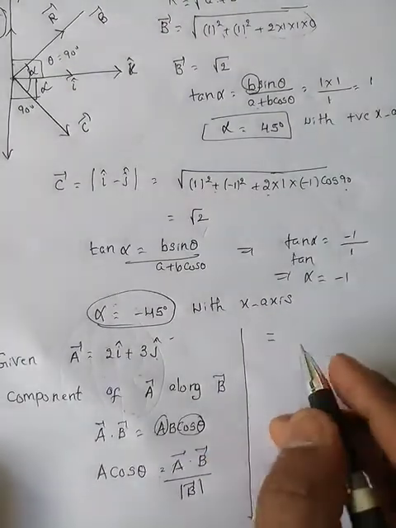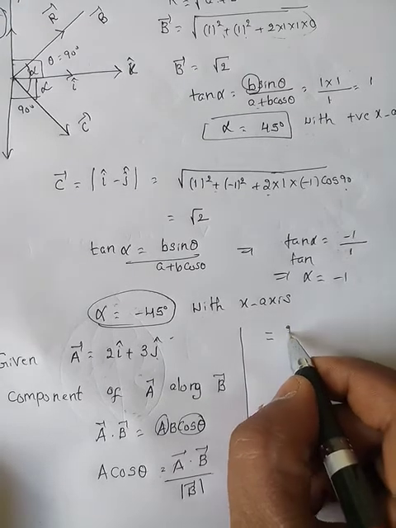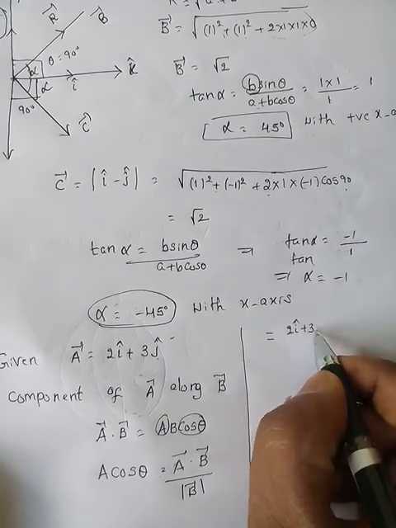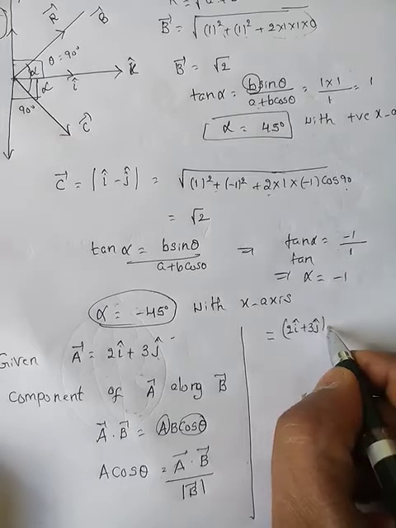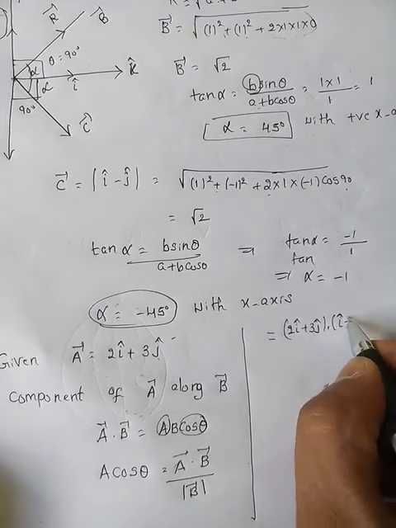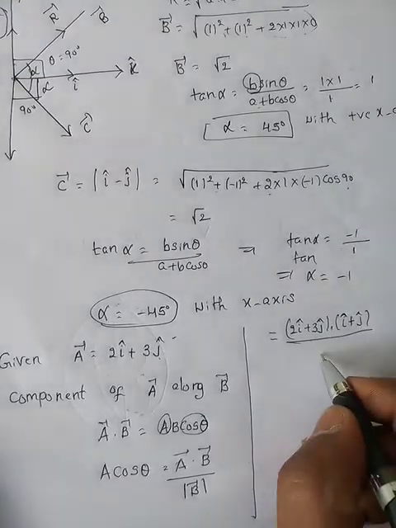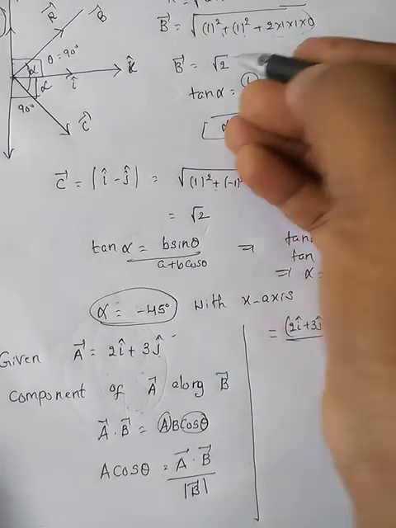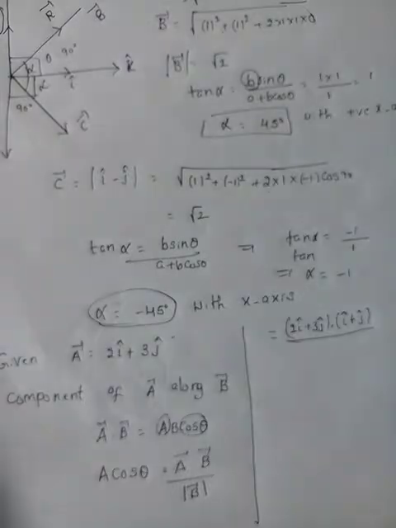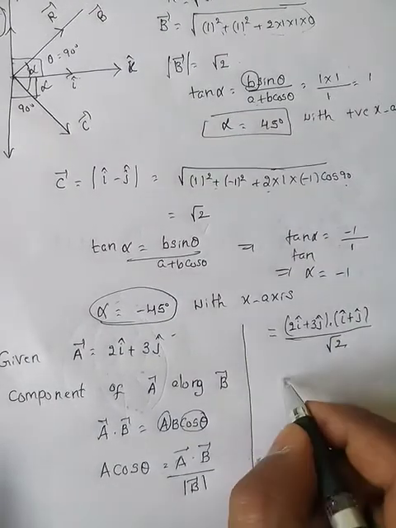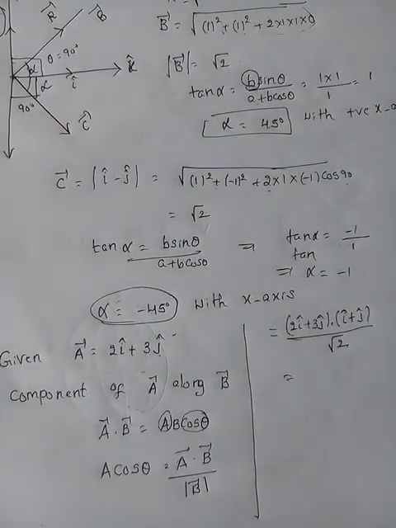That is equal to, what is A bar dot B bar? 2i cap plus 3j cap dot B bar, which is i cap plus j cap, divided by modulus of B. Already we calculated the modulus of B, the magnitude is root 2. What is the dot product?